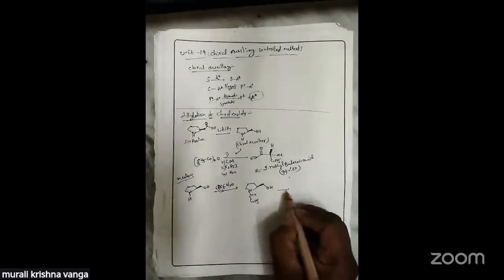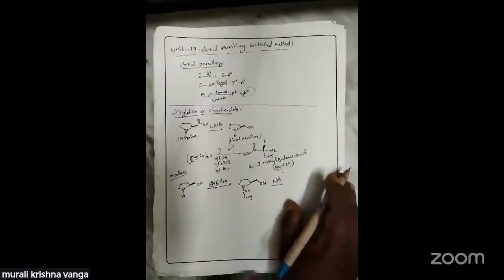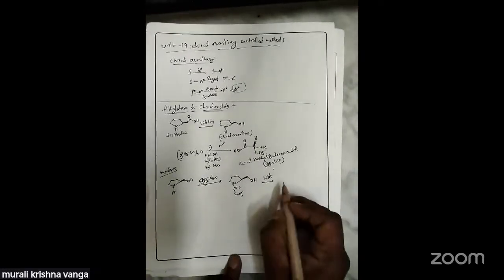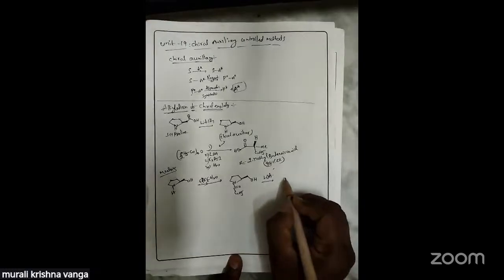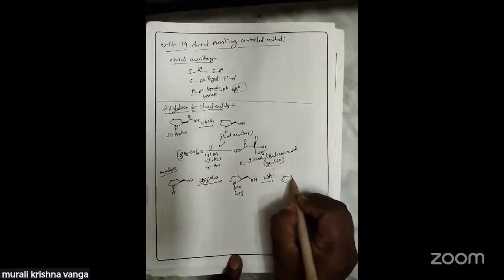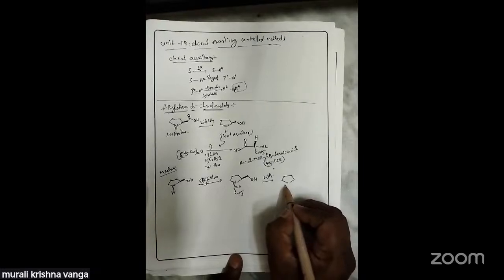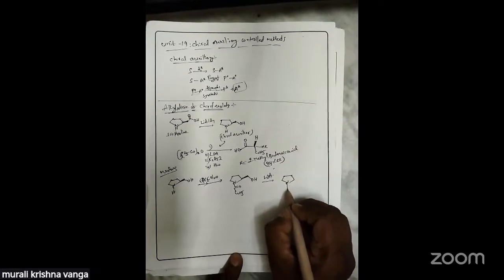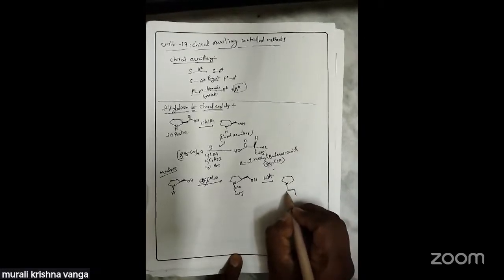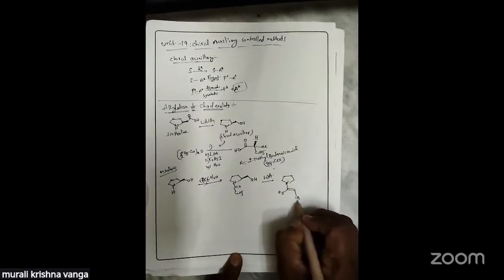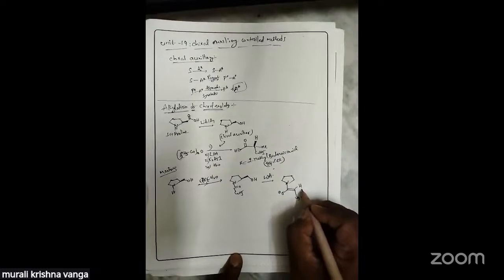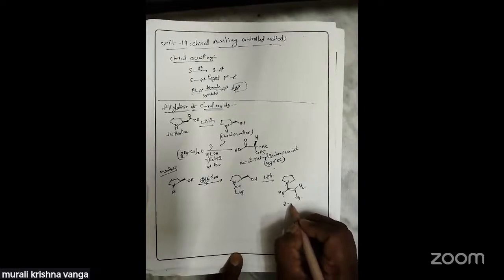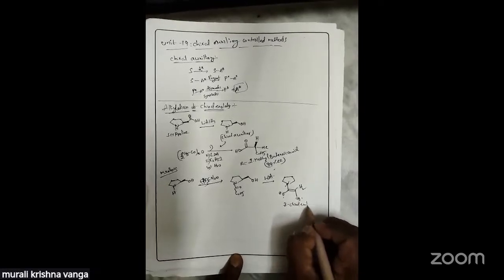When this compound reacts with lithium diisopropylamide base, it gives the Z chiral enolate.